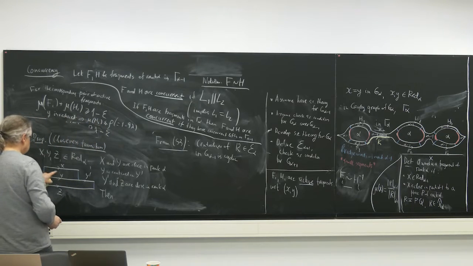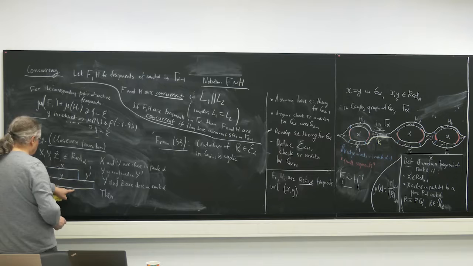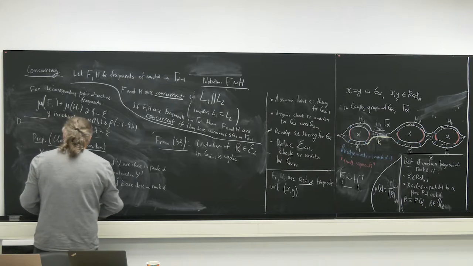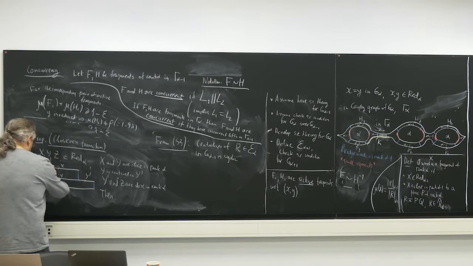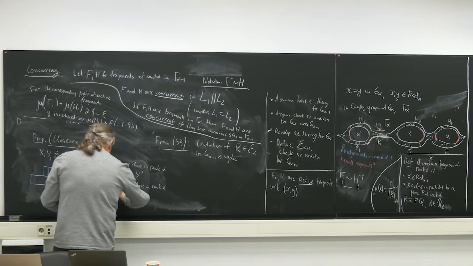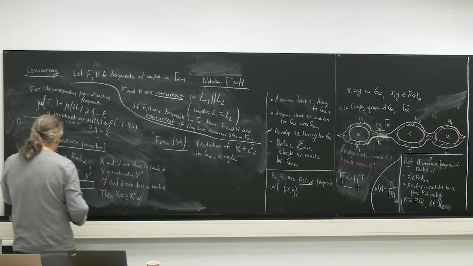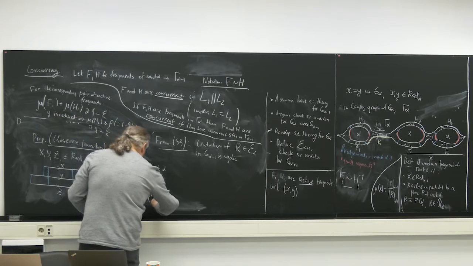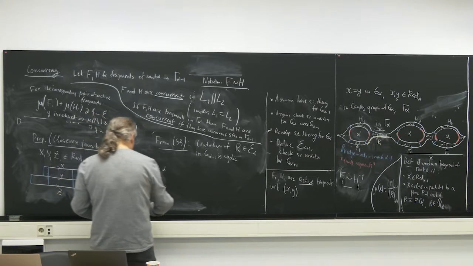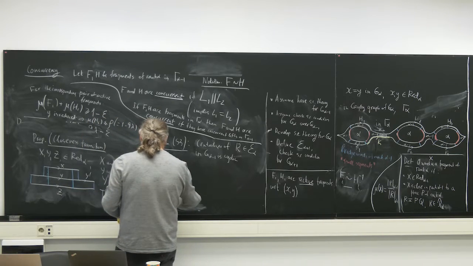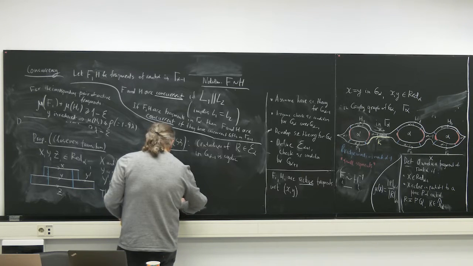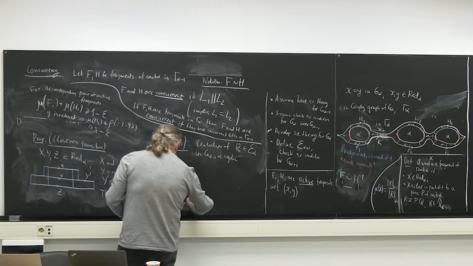Then X is close to some subpath of Z with some loss. So say X is equal to, I don't know, Z X prime W, such that X, Y and a subpath of Z are close.